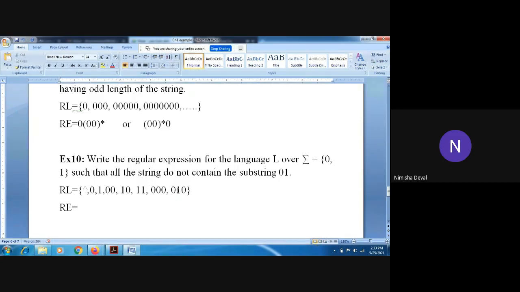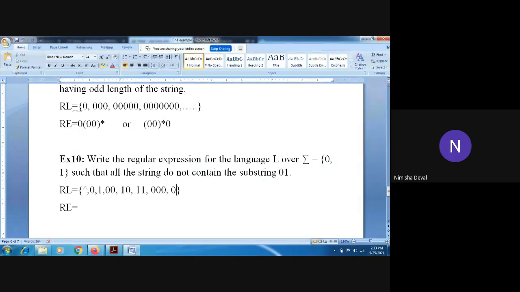Is this string allowed? No. Correct, because substring 0 1 is there. So we cannot write like this. This string is also not allowed. We have to exclude those strings.